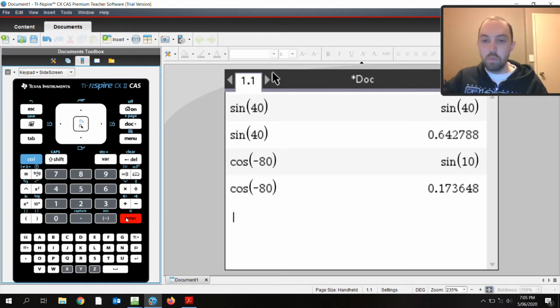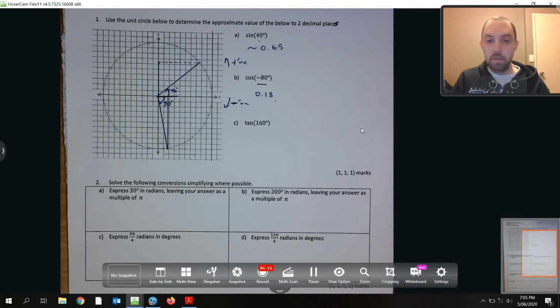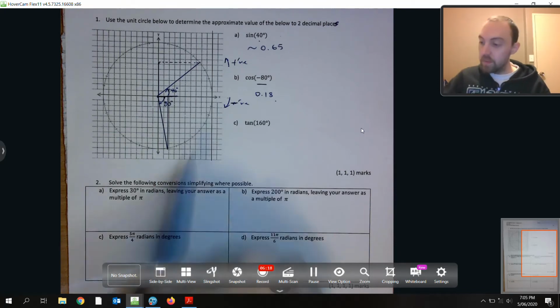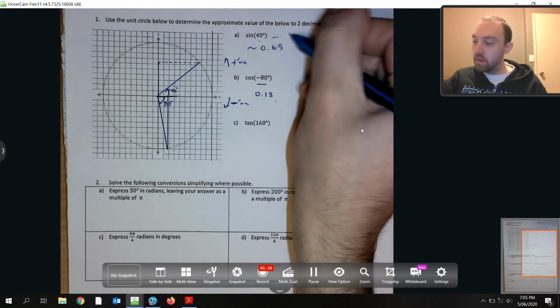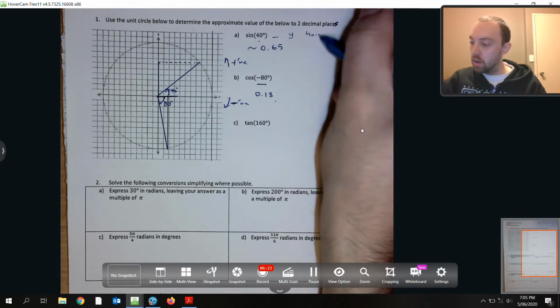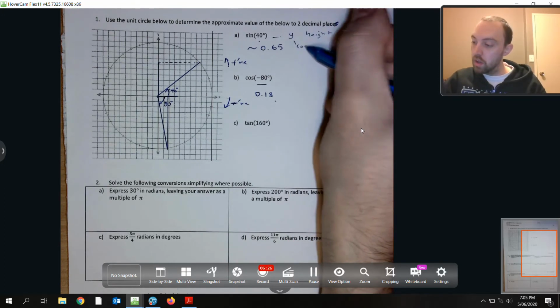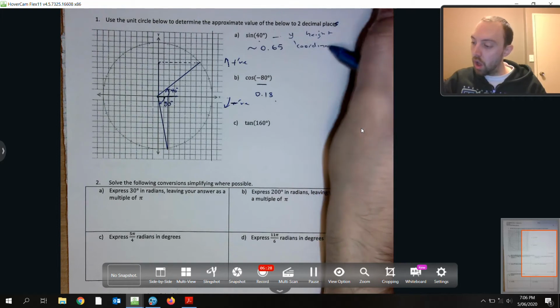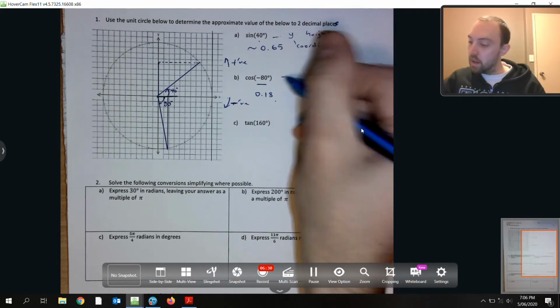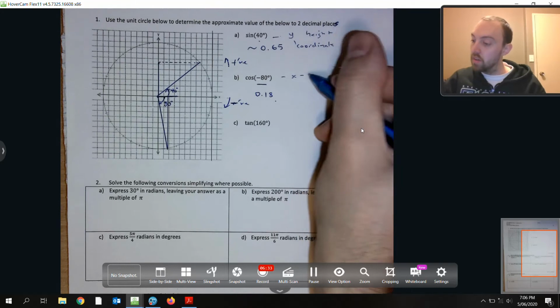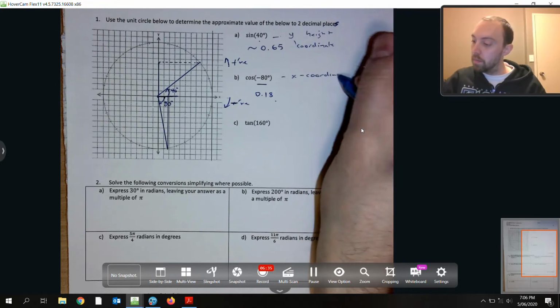So again, we were pretty close to the actual value. Alright. The idea: sine is y, or height, y coordinate I should say, and cos is your x coordinate.